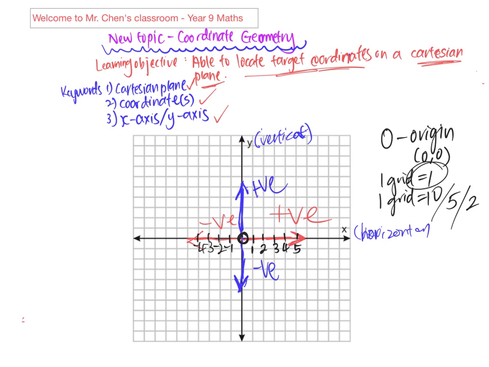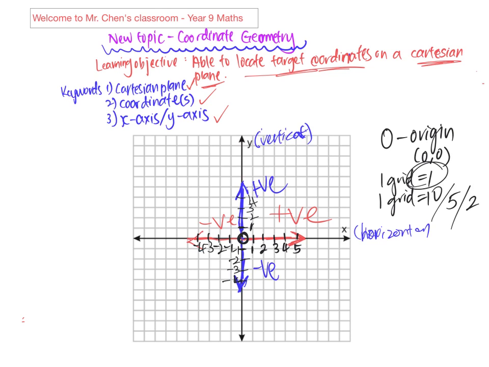Let's go on the y-axis for a second. Anything going up, since it is positive, is 1, 2, 3, 4, and so on. When you go down, it will be -1, -2, -3, -4, and so on. That is how you do coordinates on x and y.